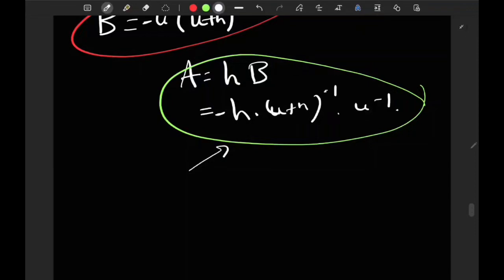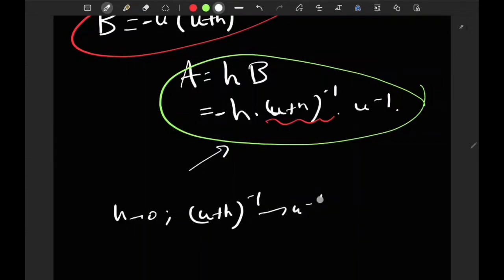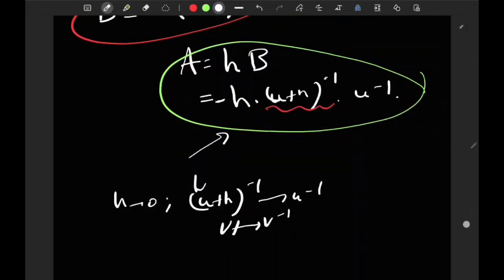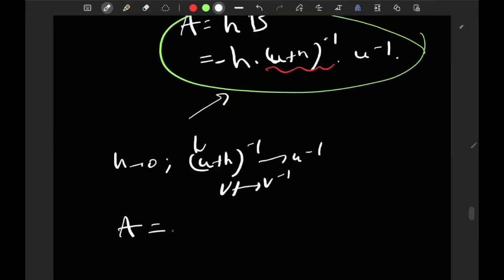And when you see h going to 0, it does not matter anymore to have u plus h per se here, because as h goes to 0, u plus h inverse itself will go to u inverse, because the map v maps to v inverse is continuous, and therefore you can insert the limit inside. So actually I'm looking at a being minus h u inverse of this sort.